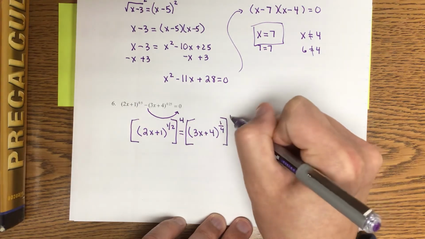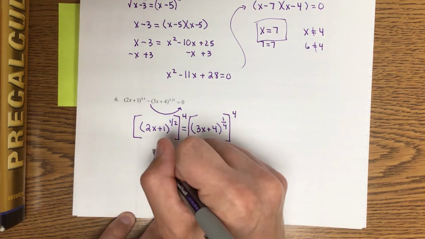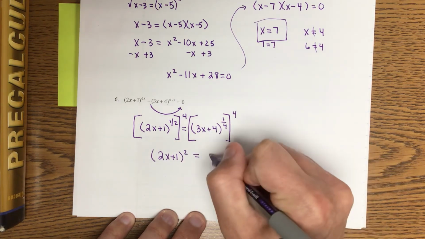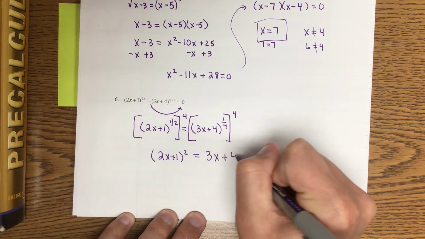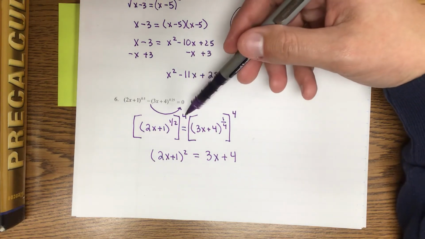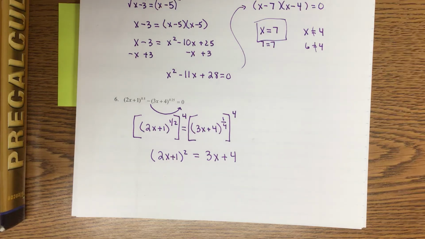So I'm trying to get rid of the fractions. Well, 1/2 of 4 is 2. And then 1/4 of 4 is just 1. So when I use the bigger power, both of the fractions will drop out. If I had just squared both sides, the fraction on the right would not drop out.